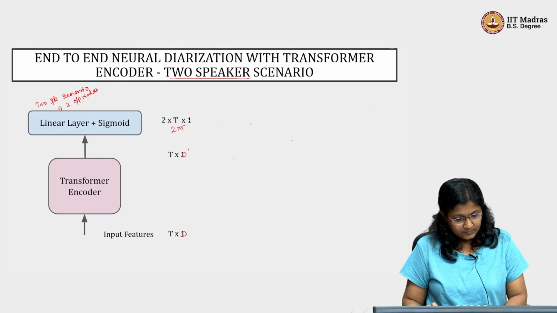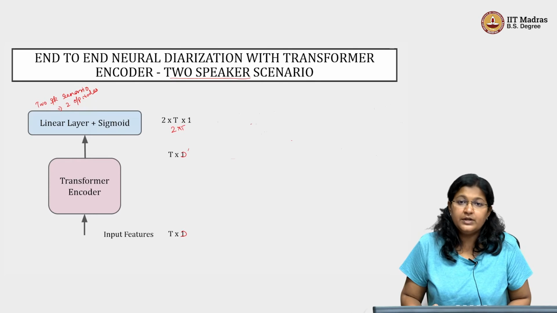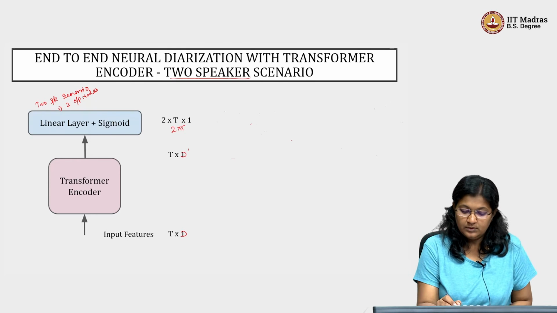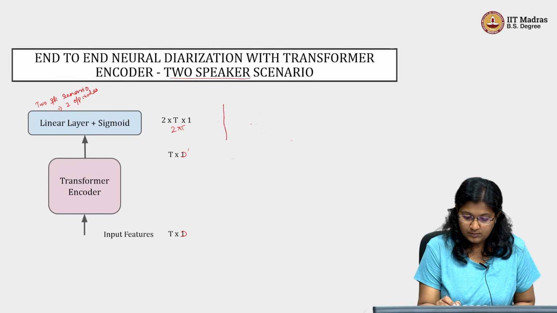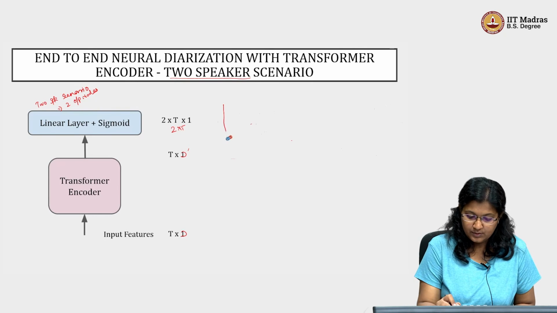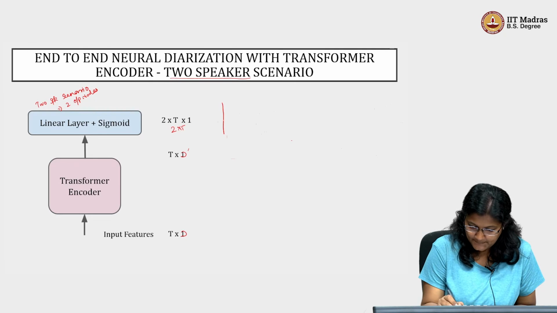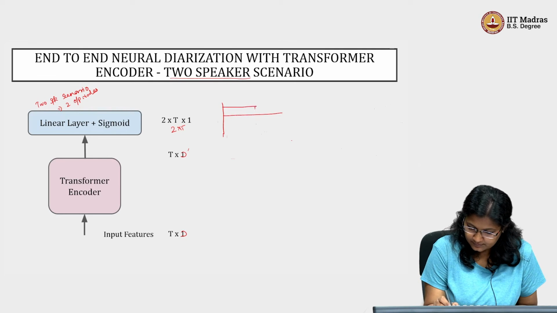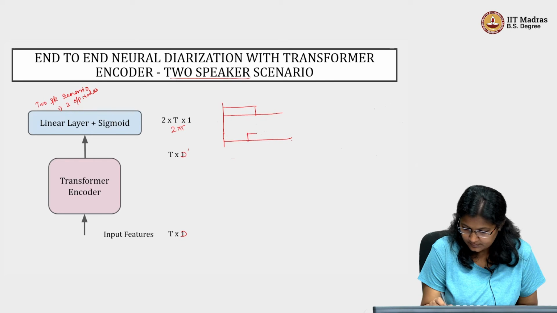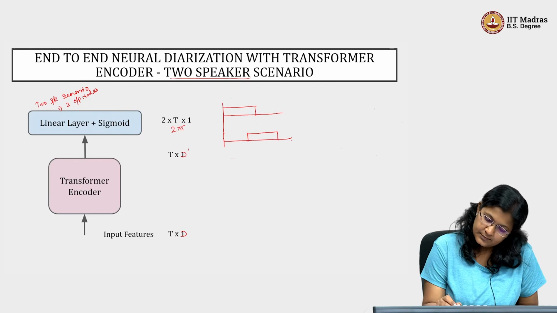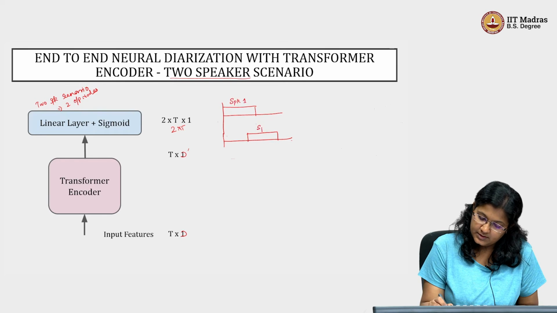Okay. Now what will you train it with? You have to provide some ground truth, right? Ground truth. Say this is speaker 1, this is speaker 2.